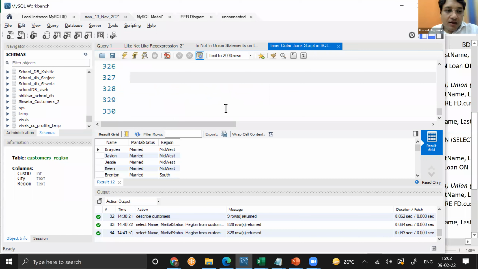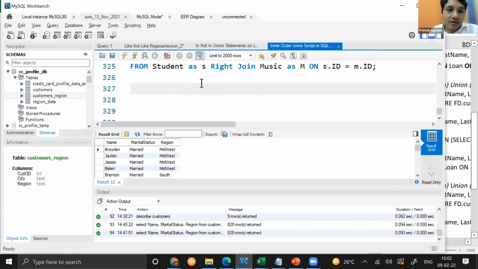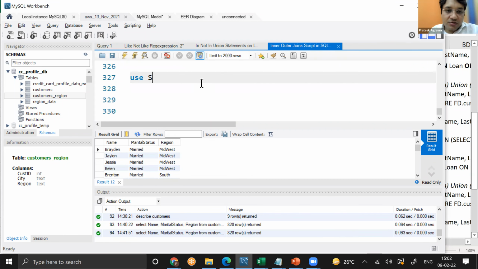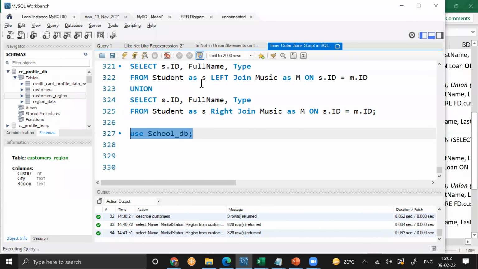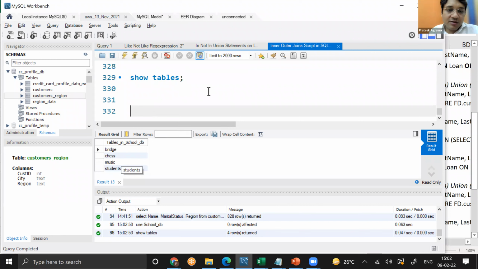Yeah. So let's say which was the database we were using. Yeah. So let's say I use this one. There are 4 tables in it. There are bridge table, chess table, music table, and student table.